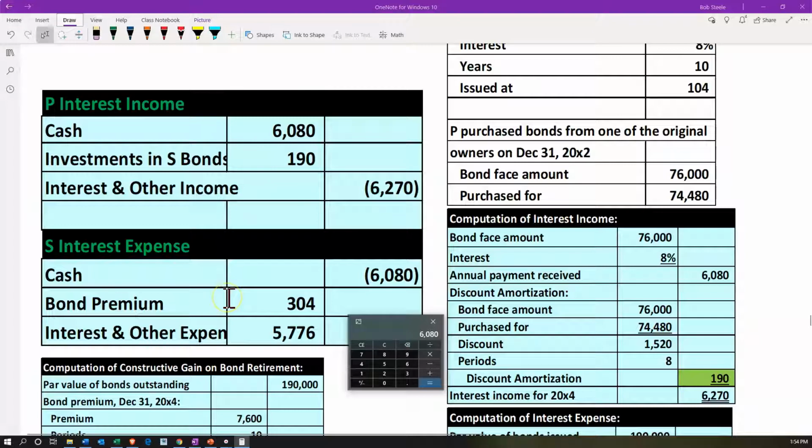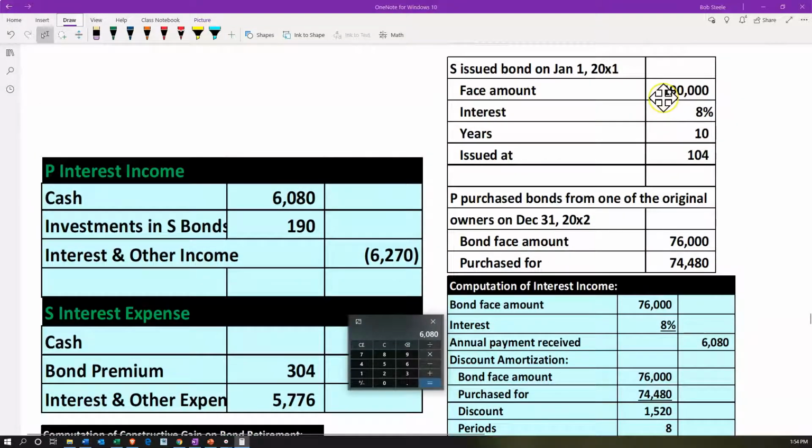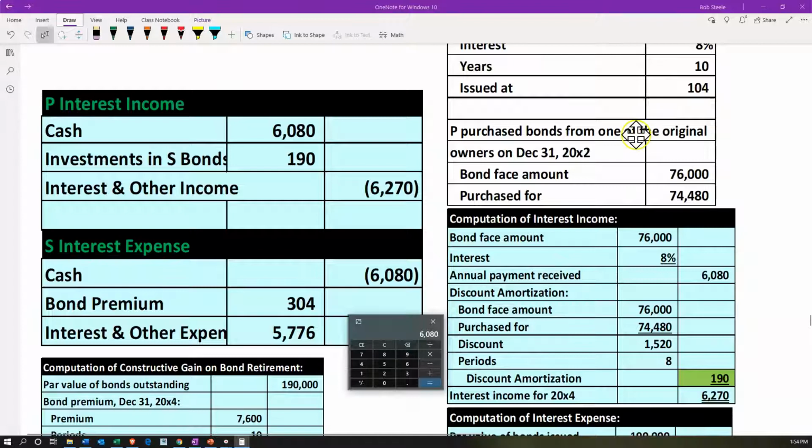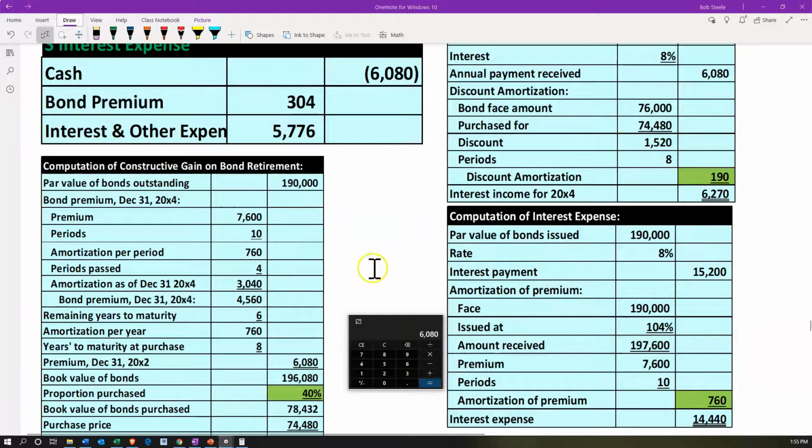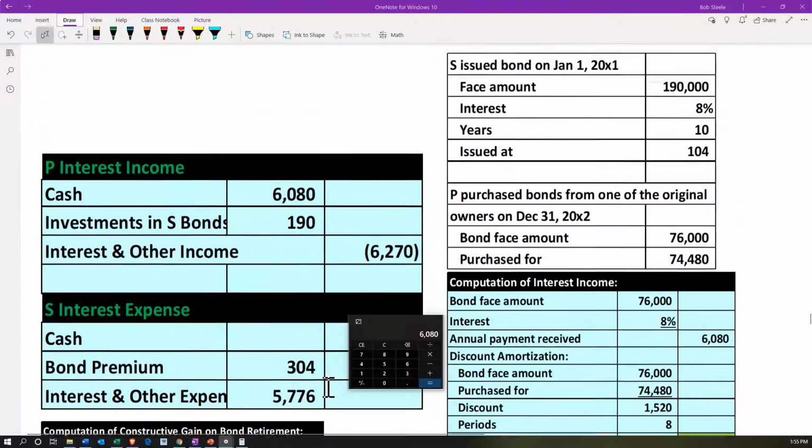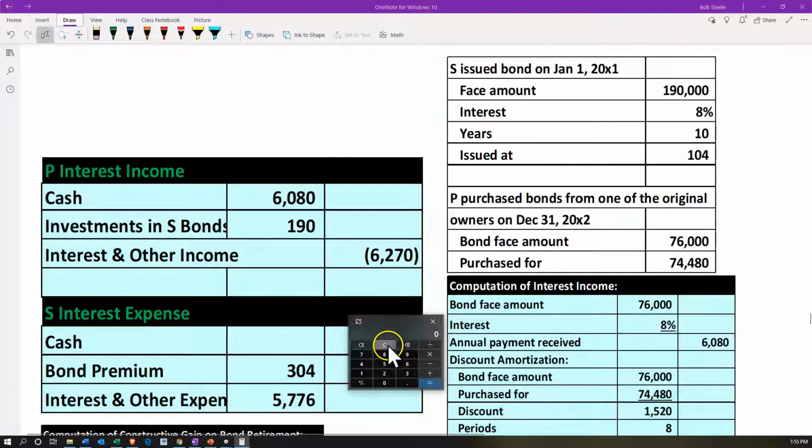So what we need to think about on this side is the premium that's going to be amortized, but the premium that's going to be related to the 76,000, not the full 190,000 of the bond. So there's a couple ways you can get to that. One way we can think about it is note we got this 40% we calculated before, and that was calculated as the 76,000 face amount that was intercompany divided by the total 190,000.